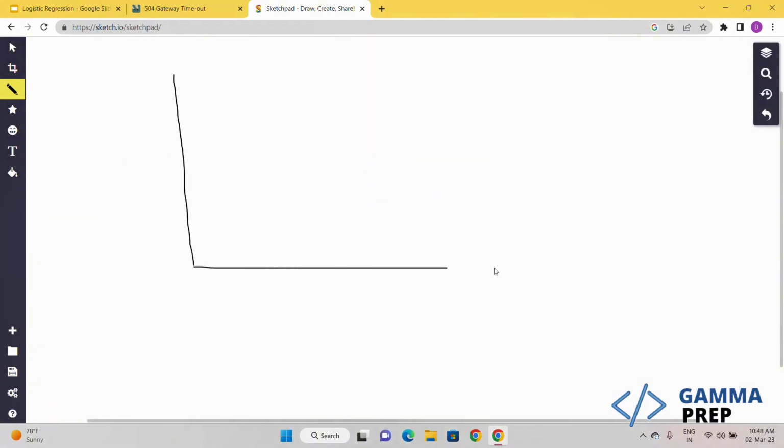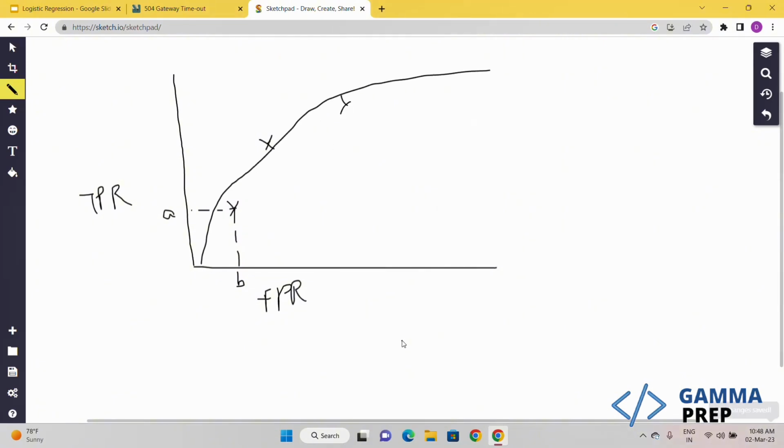For one particular threshold, TPR was A and FPR was B. So this is the first point. Similarly, for a different threshold, your TPR was something and FPR was something, and the point would be here, then here. So you draw a curve combining all the points.